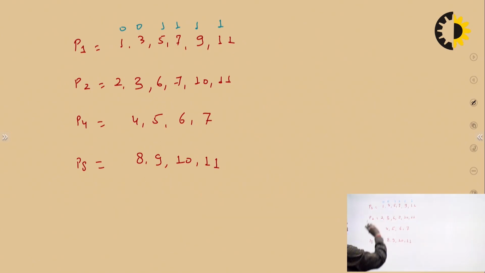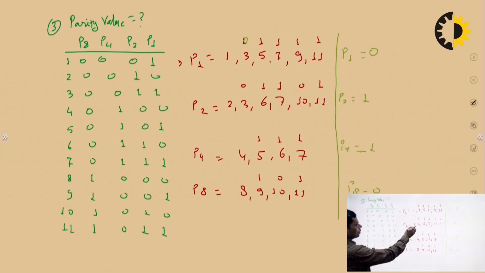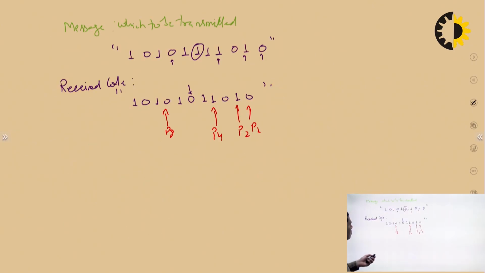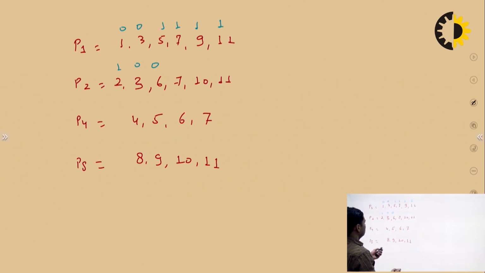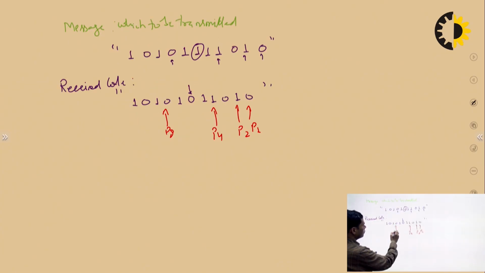We can now use this. In the case of 2 3 6 7, it is 1 0 0. From this message, this value we should write here, because the bit has been changed from 1 to 0.